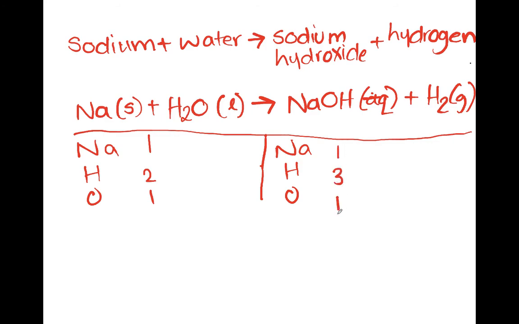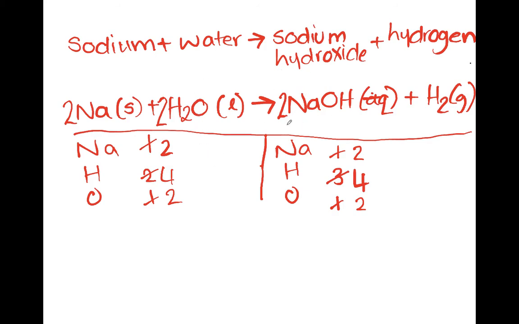So, I am going to put a 2 here, which takes my hydrogens to 4, also takes my sodiums to 2, my oxygen to 2. I'm going to balance my sodiums on this side by putting a 2 down here. I am then going to balance my water and my hydrogen, 2 here, so 4 and 2. So there is our balanced chemical equation.